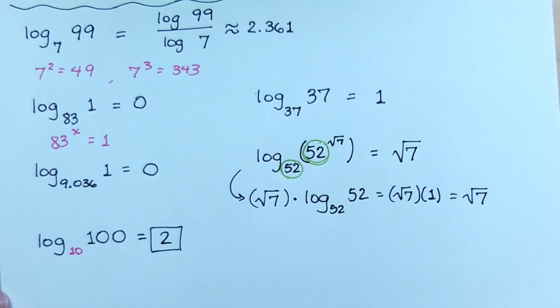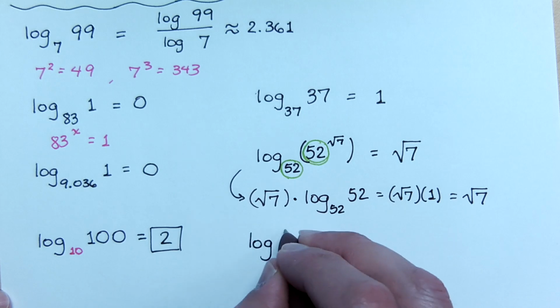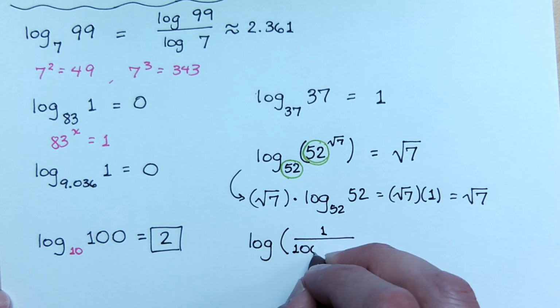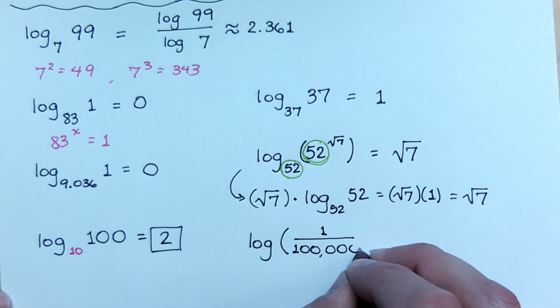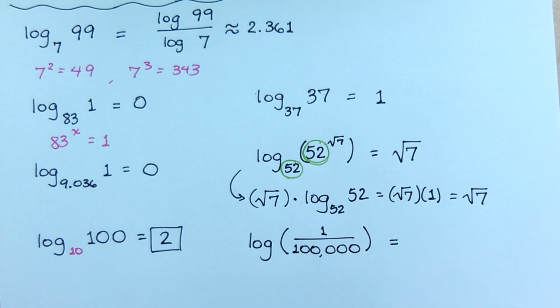What do you guys think? So then what if I say, what's log of 1 over 100,000? You can do them individually and subtract them. Minus I could. Minus 100? Oops, I'm sorry, minus 3?